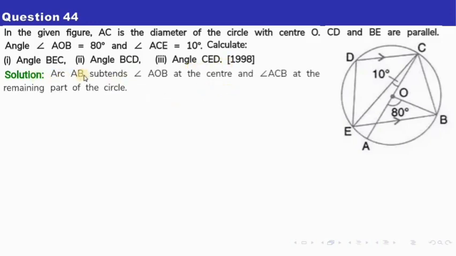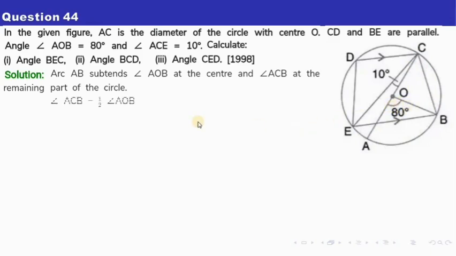Okay, so let's see how to begin with the sum. So arc AB subtends angle AOB at the center. So if I take this arc AB, this AB subtends angle AOB with the center, right? Okay, so we have now in the remaining part the very same arc AB subtends angle ACB, right? So this ACB will be half of this one, right?